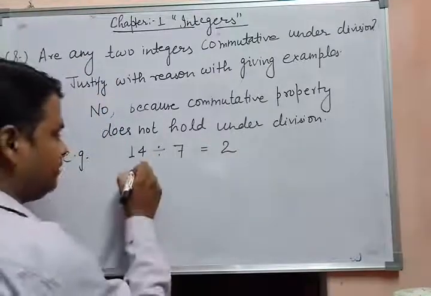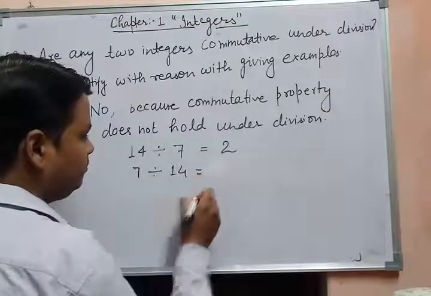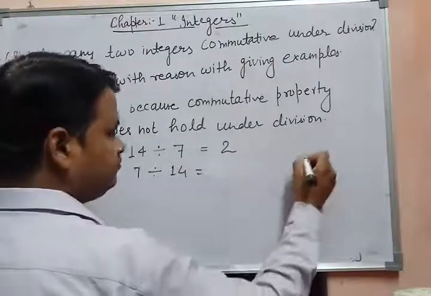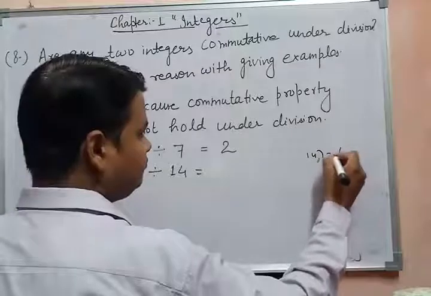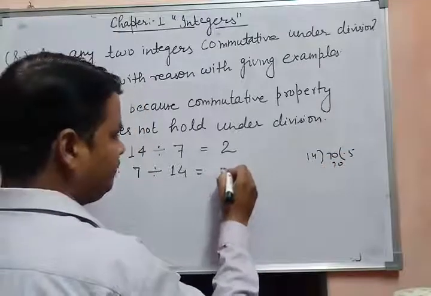And if we divide 7 by 14, then we will get 0.5.